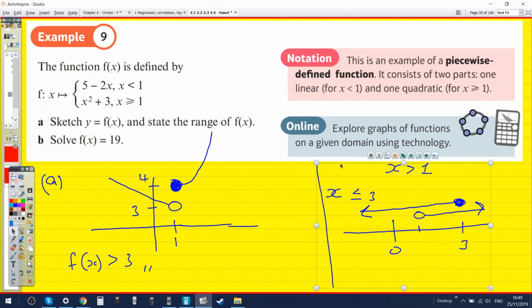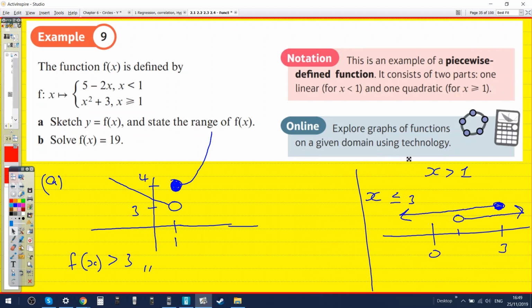I'm not quite sure. You just sub it into both of them and solve each of them separately. So that would be 5 minus 2x equals 19 for the first one. Is that minus 7?